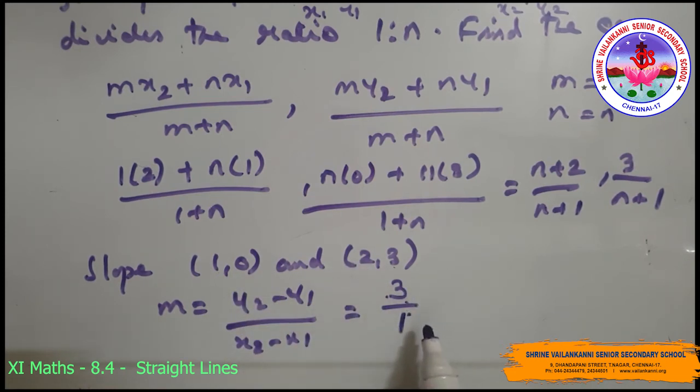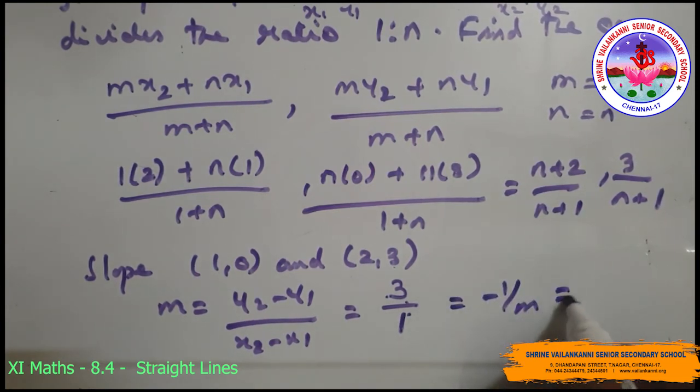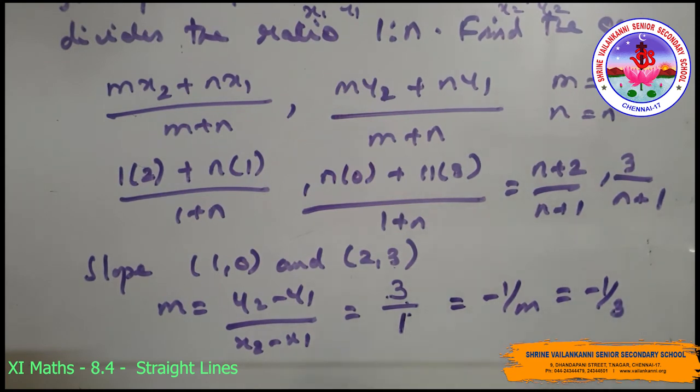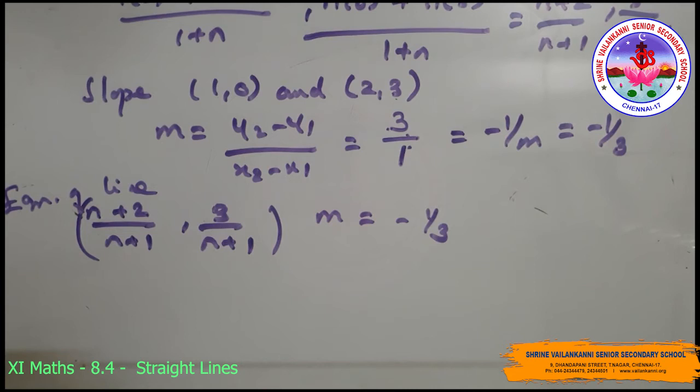We know that two non-vertical lines are perpendicular to each other if and only if the slopes are negative reciprocals of each other. So the slope is minus 1 by m, which is minus 1 by 3. So the point is ((n plus 2) by (n plus 1), 3 by (n plus 1)) and the slope is minus 1 by 3.